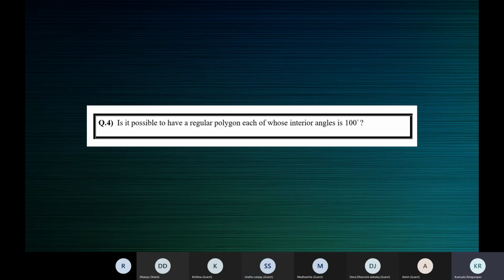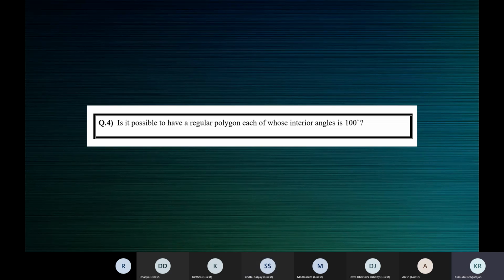Now, it's a regular polygon, so what will be each interior angle? Total is (n-2) into 180. Each one will be (n-2) into 180 by n, ma'am. By n, yes, exactly. Very good.